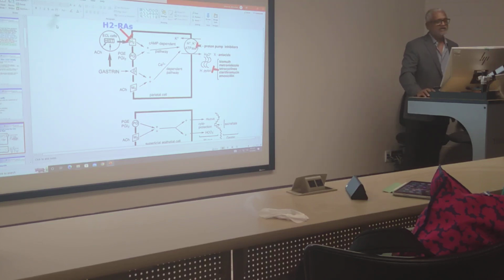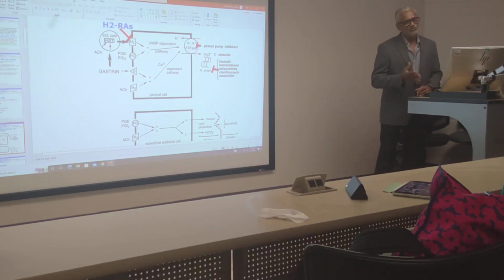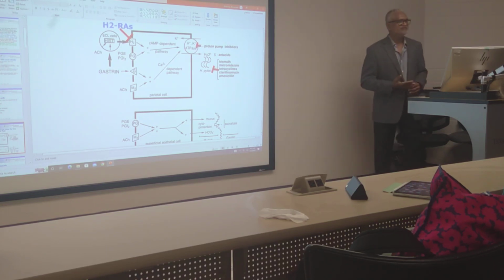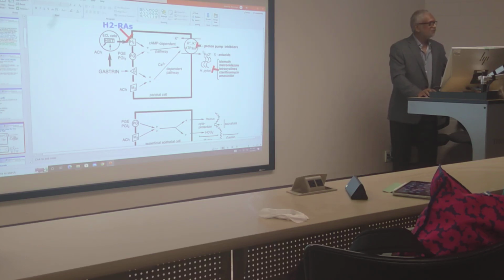Prostaglandins decrease cyclic AMP because their receptors are coupled to the Gi pathway. Remember the Gs and Gi pathways in pharmacology? PGE receptors are GPCRs coupled through the Gi pathway, so they naturally inhibit cyclic AMP and thereby inhibit the proton pump. That's how we naturally control these proton pumps.